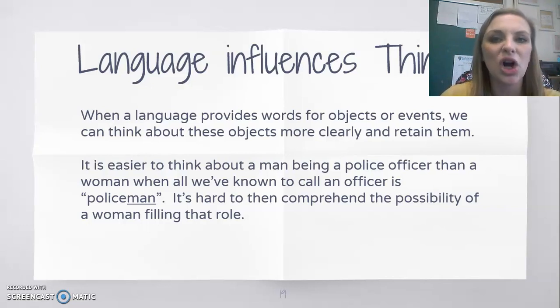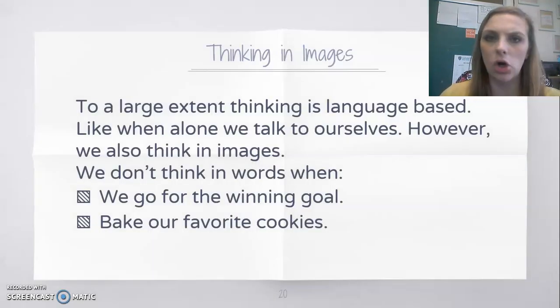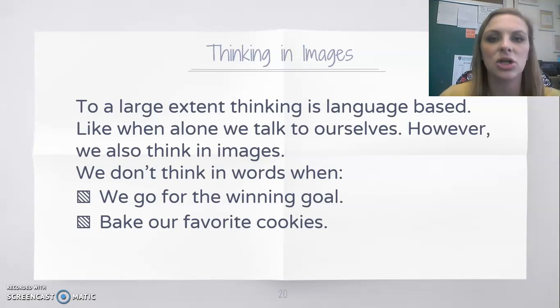So it's harder for us to comprehend the possibility of a woman filling that role because of the word policeman. However, we know that that's not the only thing, right? We know that people who don't have words for past tense still think about the past. So we know that a large extent of our thinking is language-based.